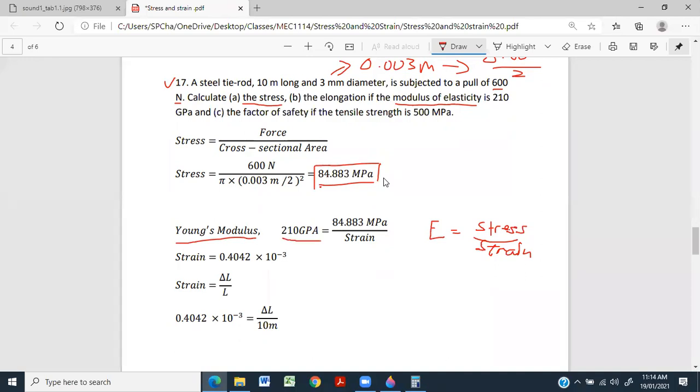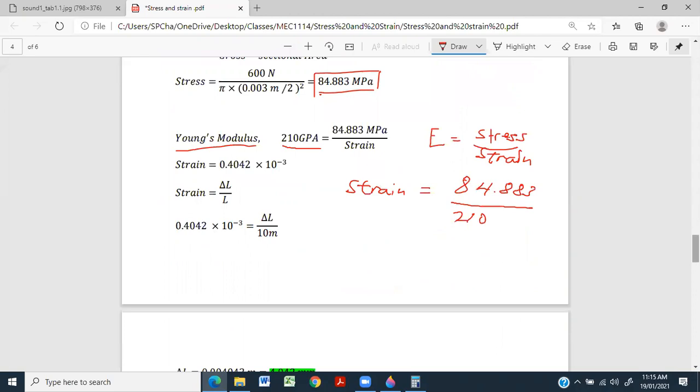So transposing, strain is equal to 84.883 divided by 210, times 10 to the minus 3, because it's megapascals divided by gigapascals.